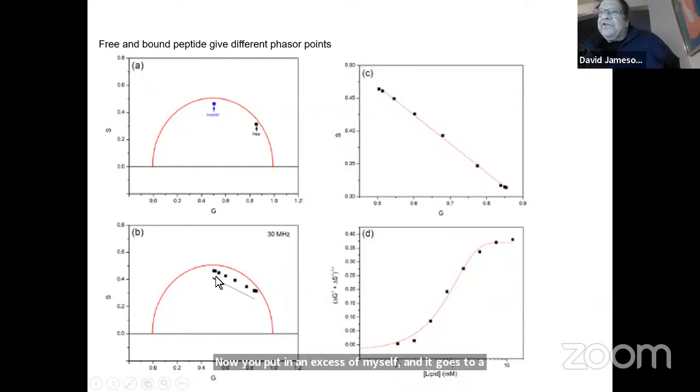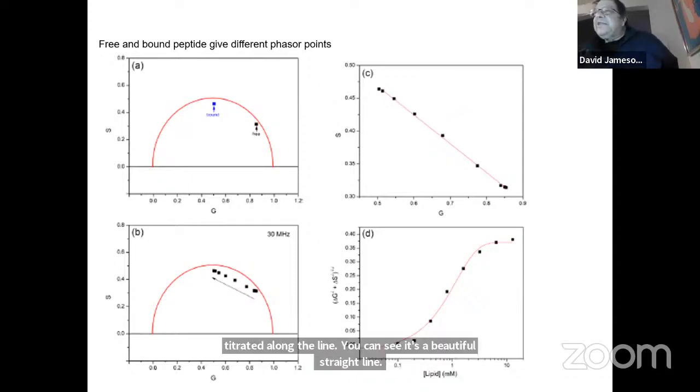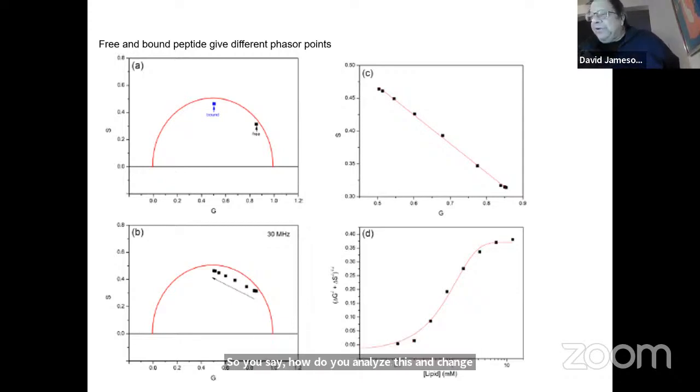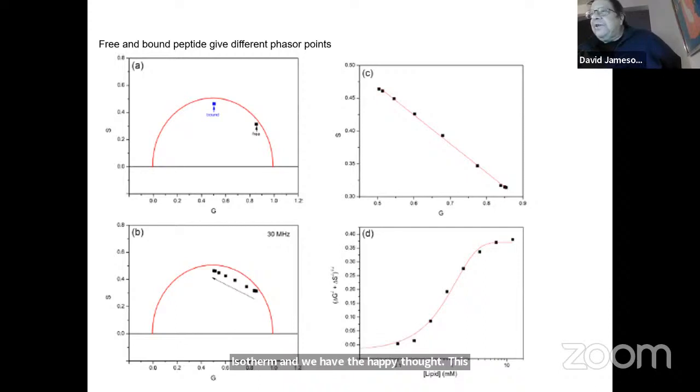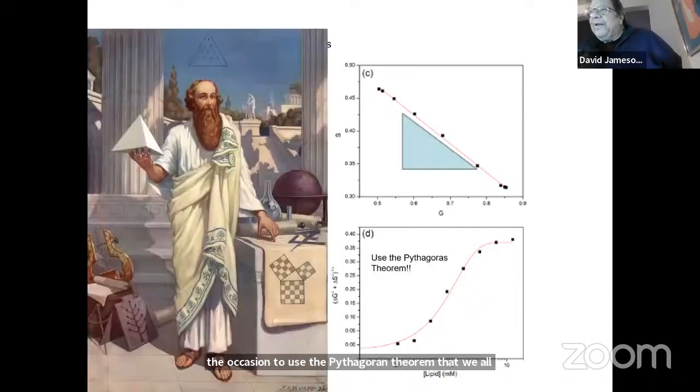Then he did the careful titration down here. And here's that region he titrated along the line. You can see it's a beautiful straight line. So you say, how do you analyze this and change this data to a binding isotherm? And we had the happy thought, this is finally the occasion to use the Pythagorean theorem that we all learned in high school, right?